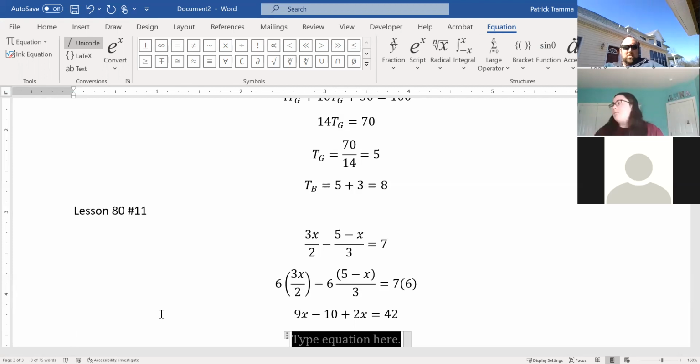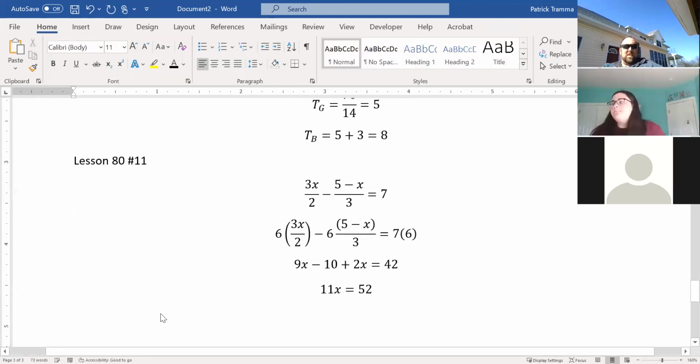So 9x plus 2x, I'm simplifying the x's, is 11x. Equals, add 10 to both sides, 52.